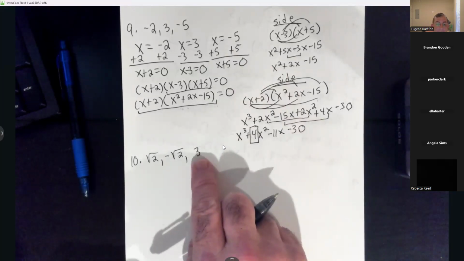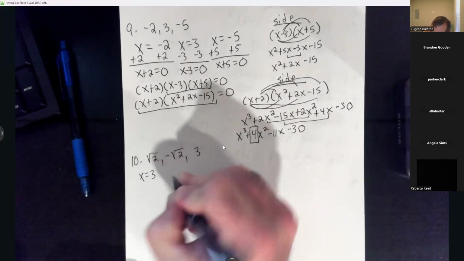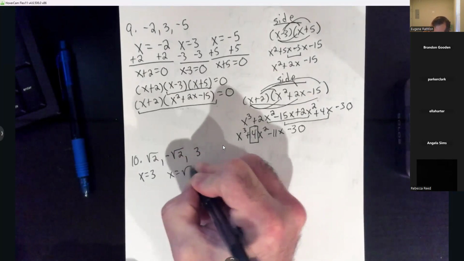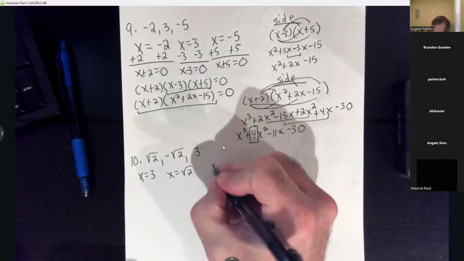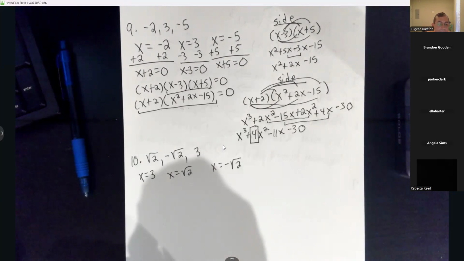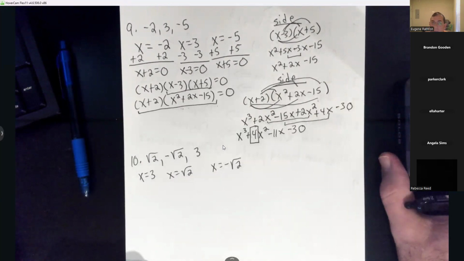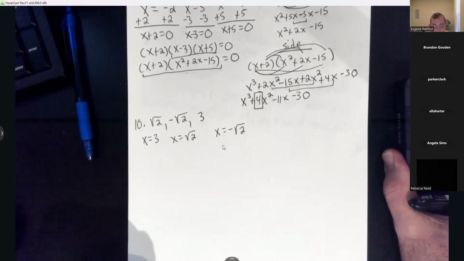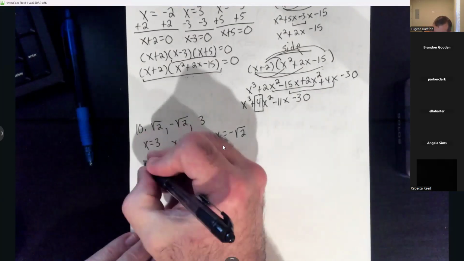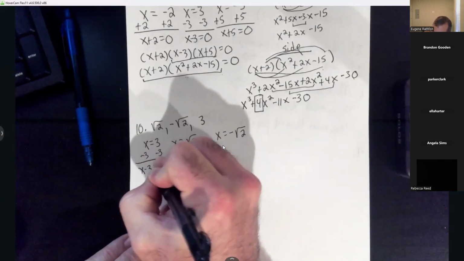All right. I always put my number first. So I'm just going to put my x equals 3 first. And then my x equals a square root of 2. And then x equals a negative square root of 2. Subtract and add like we need to get them zeros. So I'm going to subtract 3.